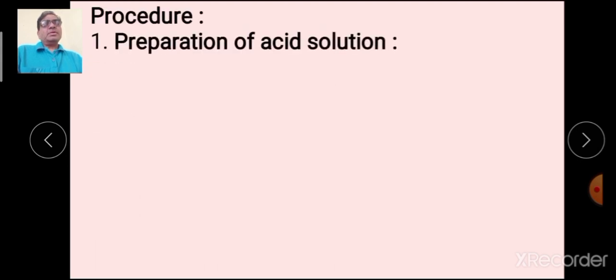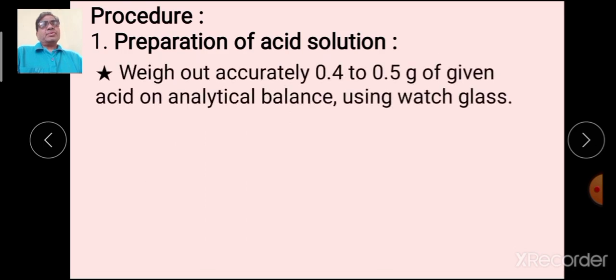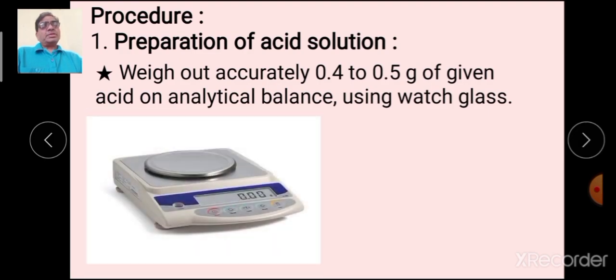Now, procedure. The first point is preparation of acid solution. How is it prepared? Let us see. Weigh out accurately 0.4 to 0.5 gram of given acid on an analytical, that is a digital balance, using a watch glass. You have used this balance and watch glass.